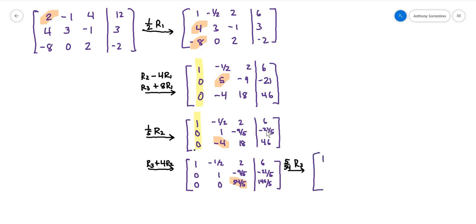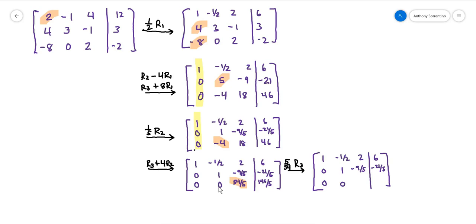Which means that again, these two rows are going to be left alone. If I multiply this 0 by 5 over 54, I get nothing. If I multiply this 0 by 5 over 54, I still get nothing. So the zeros I established still stay.